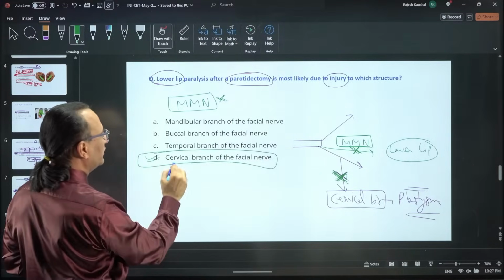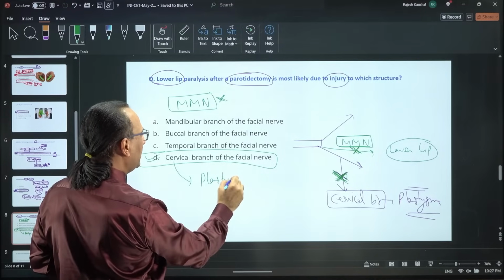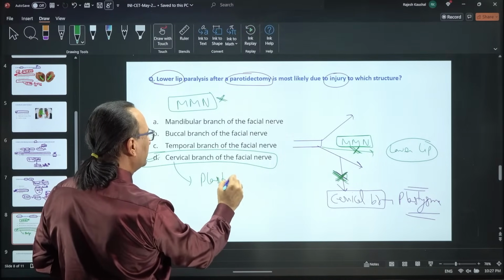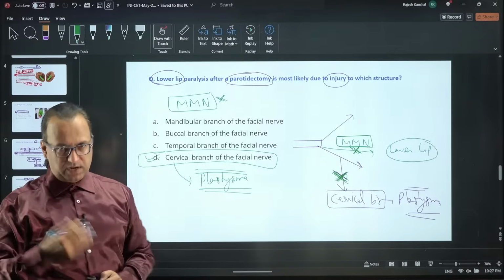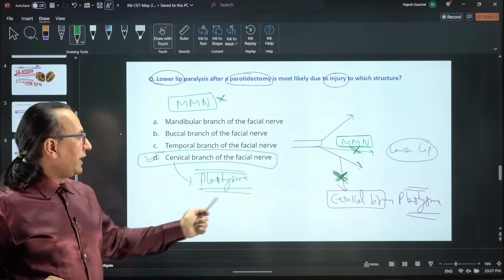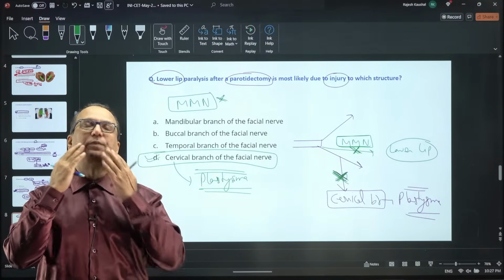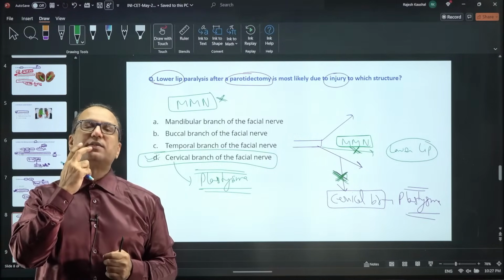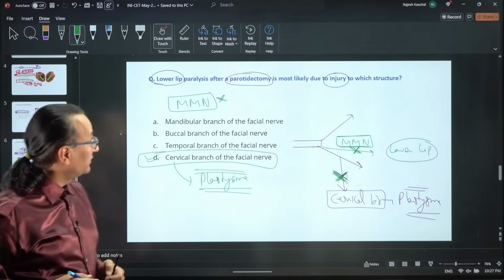Then it is the cervical branch, because the platysma is paralyzed. Somebody might ask how the platysma compromises the lower lip. I told you, the platysma also works for depressing the lower lip. If you paralyze the platysma, there will be some weakness of lower lip depression. I hope you got the point.